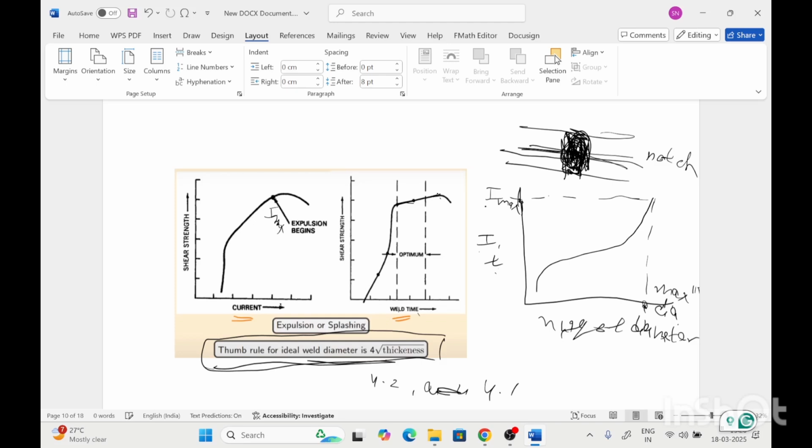After some time, the shear strength will not vary much, and it reaches a saturation value. This is the maximum shear strength we can achieve with the weld time. So the optimum shear strength comes in this region. This also depends on the welding material and the current supplied.